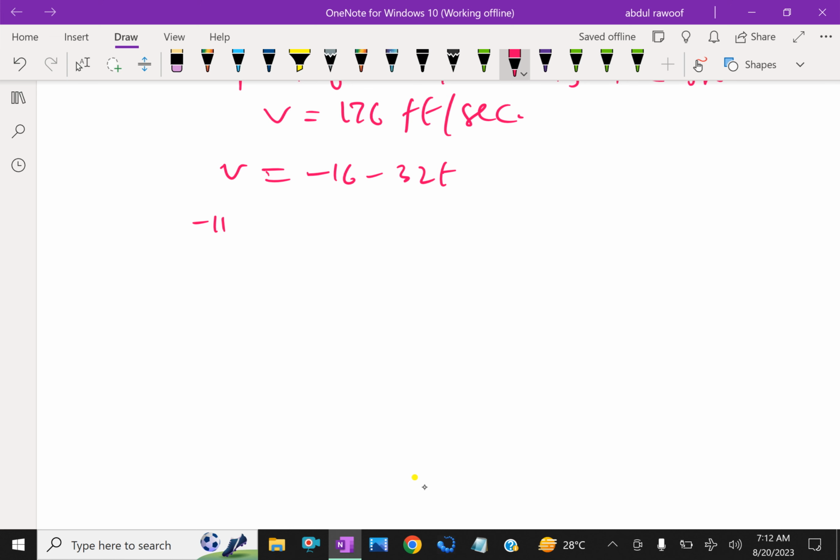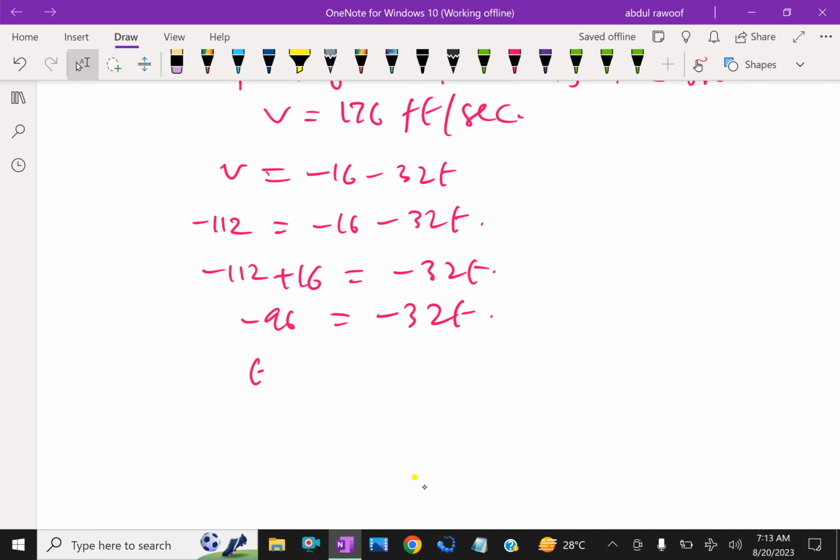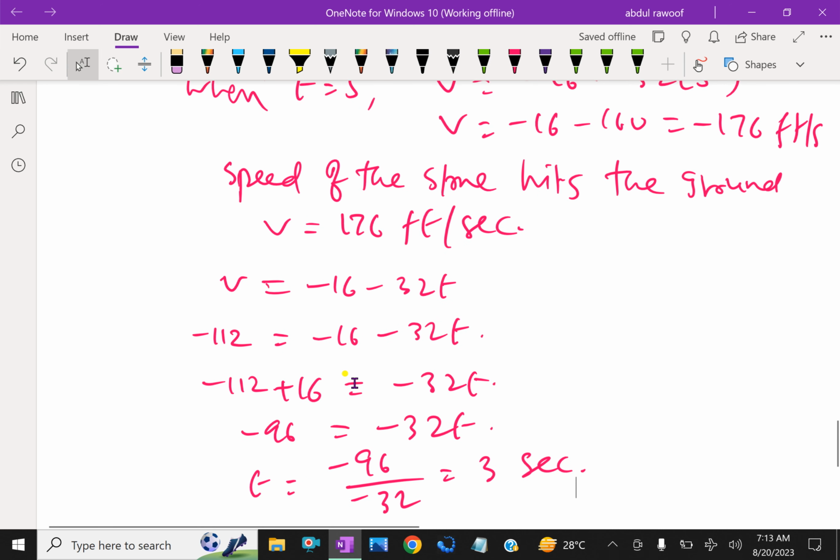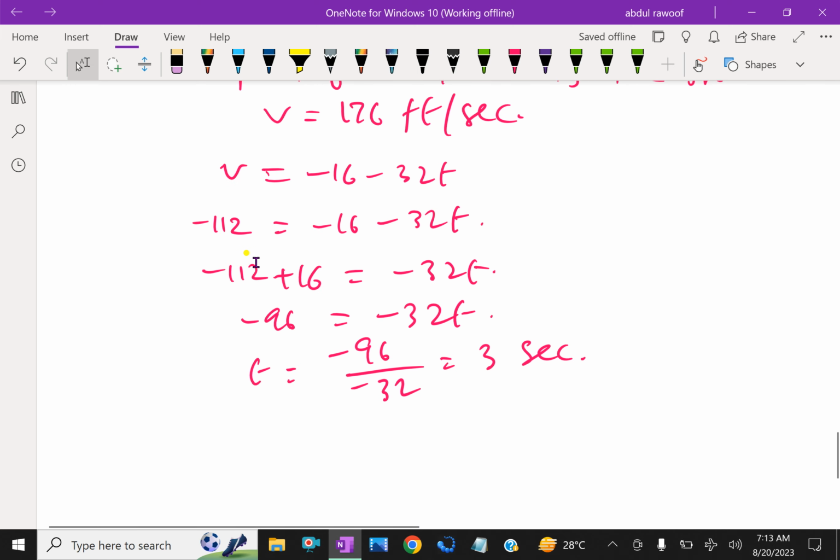Now v is minus 112, so minus 112 equals minus 16 minus 32 t. Minus 112 plus 16 equals minus 32 t. So minus 96 equals minus 32 t. Therefore t equals minus 96 over minus 32 equals 3 seconds. That means after dropping the stone, after 3 seconds it reaches the speed of 112 feet per second.